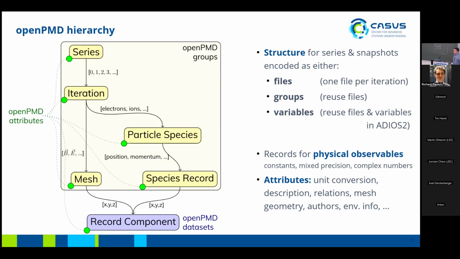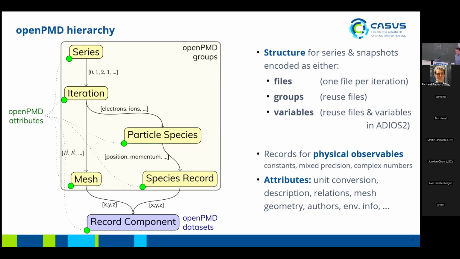But generally a scientific simulation or scientific code is going to produce data in a somewhat iterative format, so that's what an iteration is. Those iterations can be stored in different ways. You can store them in such a way that each iteration is its own file. You can store one file in total and just have single groups for each iteration within that file.